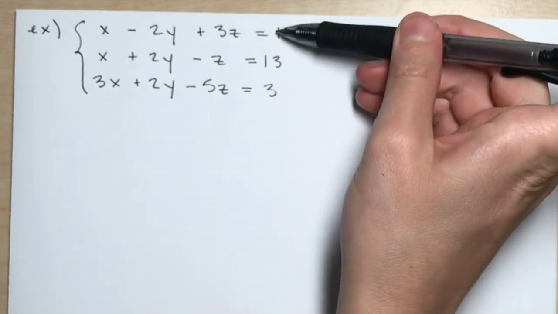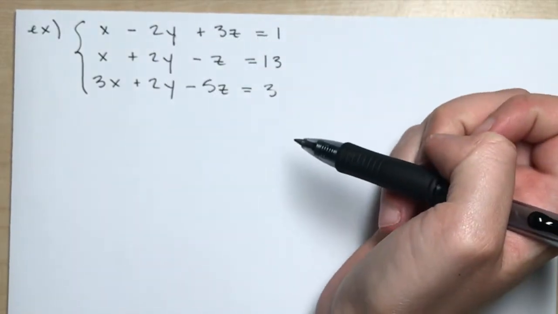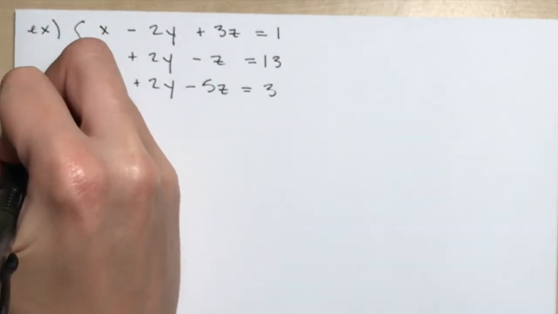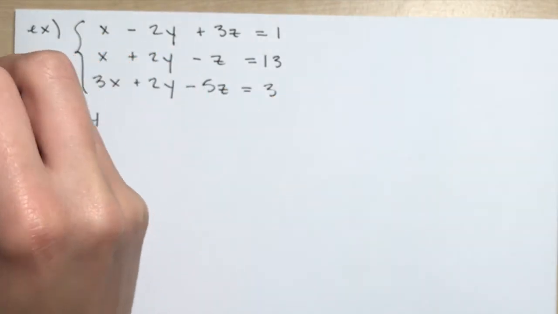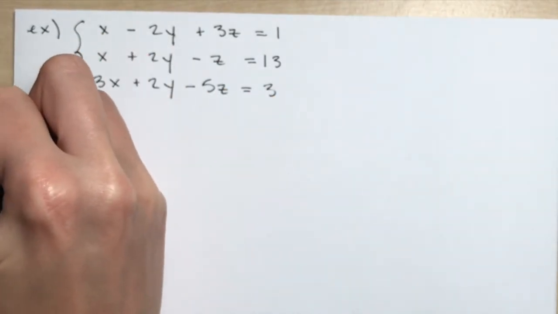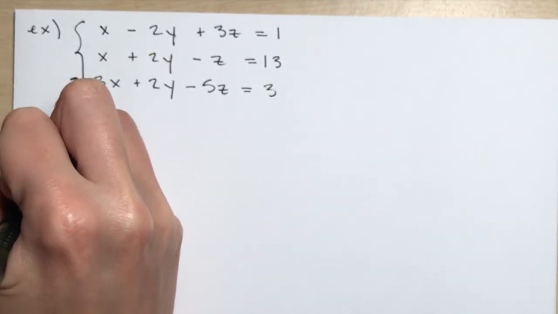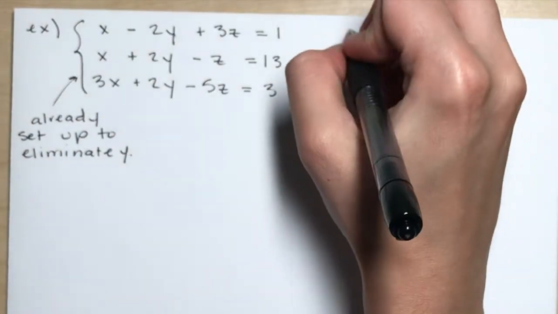And if we add this equation to this equation, the y's are going to cancel here. So we're set up to eliminate y. So let's do that here.